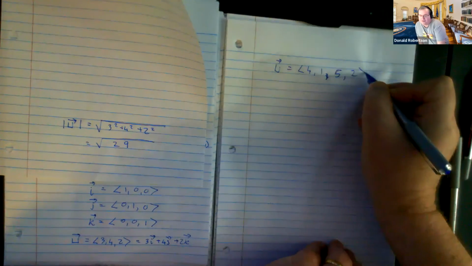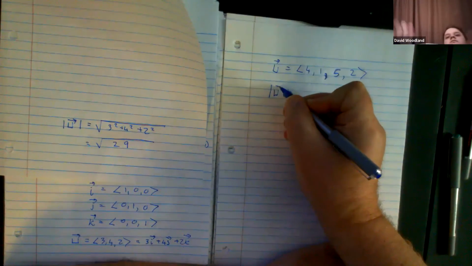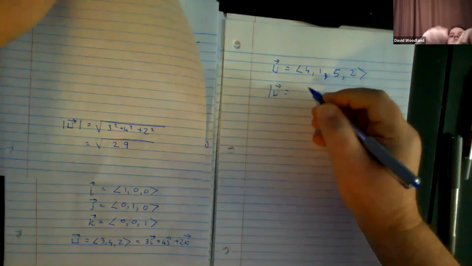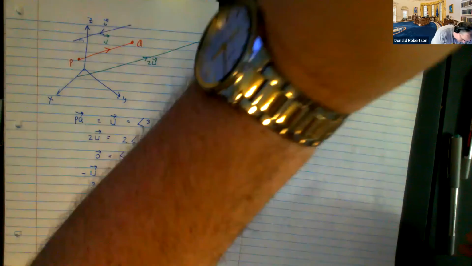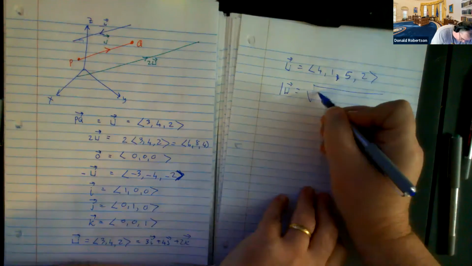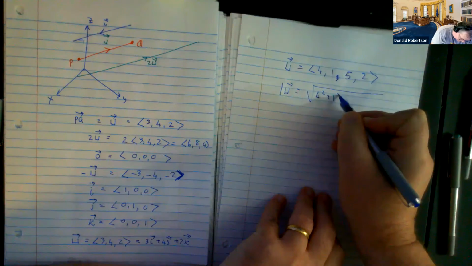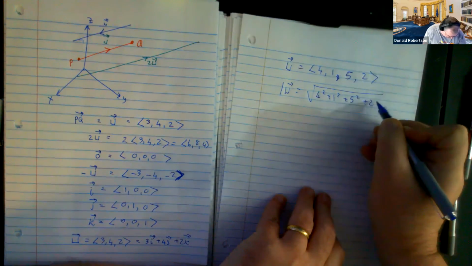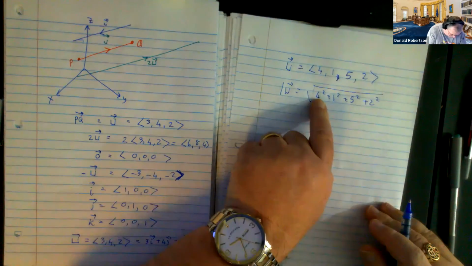Can't you do 4-dimensional vectors? Great. And can't you find the magnitude? Right. And the magnitude of a 4-dimensional vector is the square root of 16, 17, 21, 46.